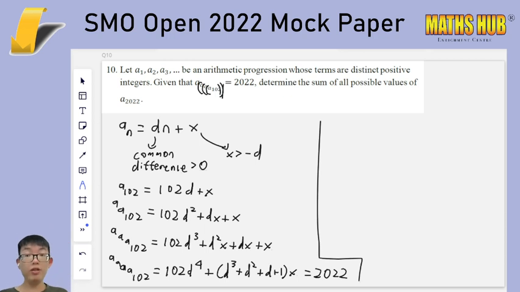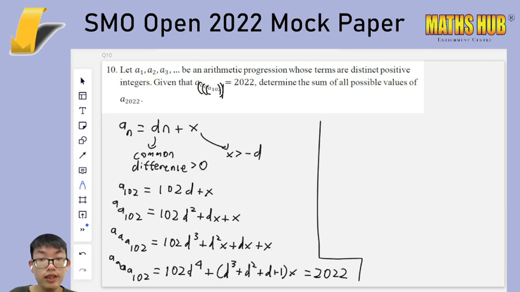Now this doesn't look like an equation that can be solved very easily, but remember that d and x are both integers. D is a positive integer and x, well, manner of speaking, can't be too negative because x is greater than negative d. So this means that d certainly cannot be too big because whatever you have down here, the most that it can subtract off is if x is negative d.